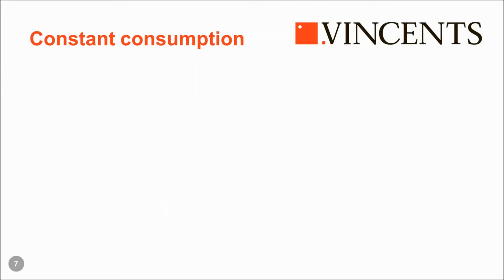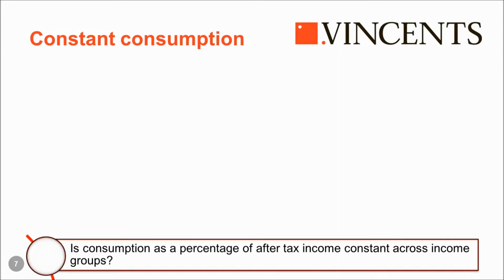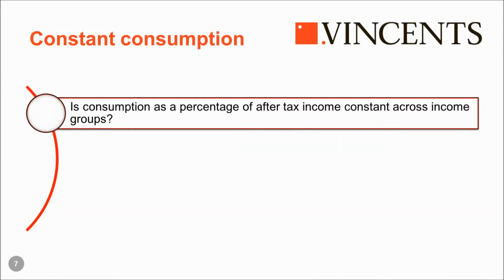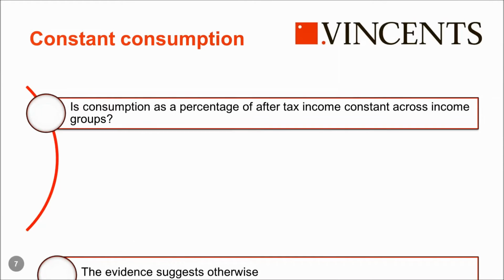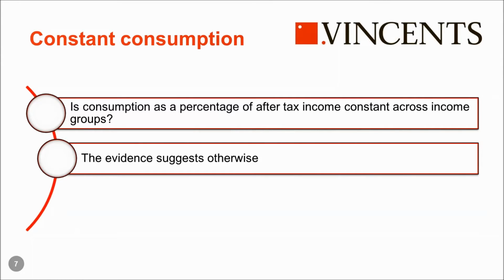So going back to this point, historically people have applied percentages which assume that there is constant consumption. So no matter what particular group that you're in, your consumption would stay the exact same as a percentage of after-tax income. Now, what we've found is that the evidence actually suggests otherwise.